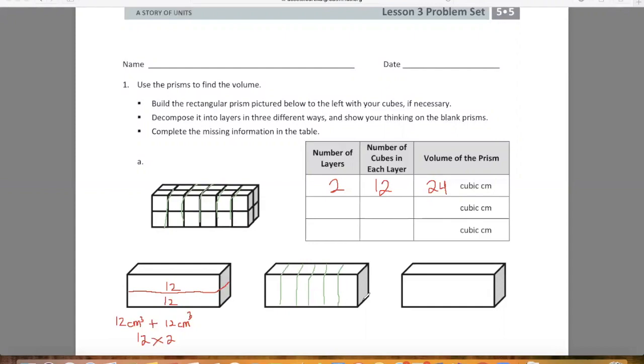And now I just want to identify how many cubes I have in each one of those layers. And I can see just from this front side over here, this is 1 cube, a 2nd cube, 3rd one, and this 4th one. So each layer has 4 cubes.